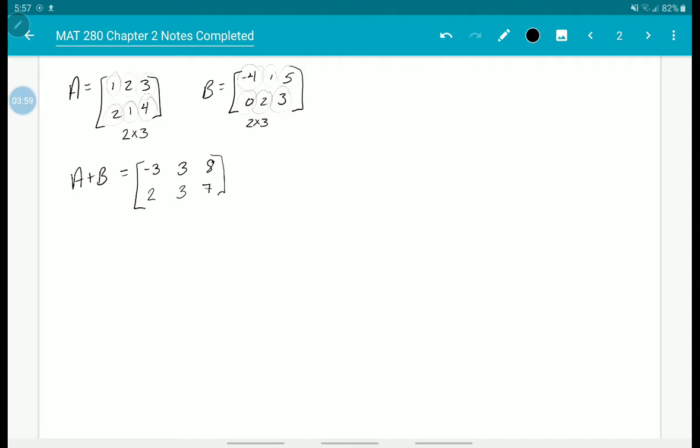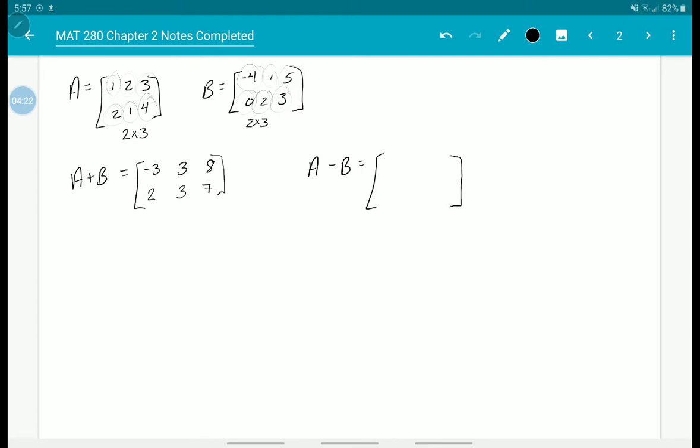Now, subtraction is just fancy addition, right? Because we could rewrite this as plus negative. So subtraction is really going to work the same way. I'm going to leave it as a minus here. That order is important. A has to come first.